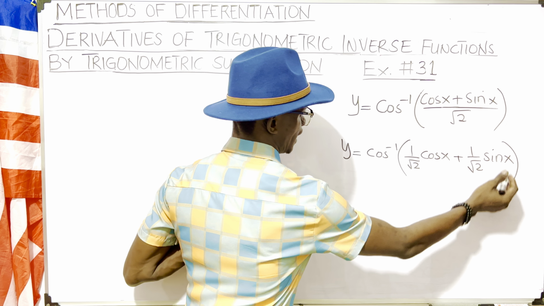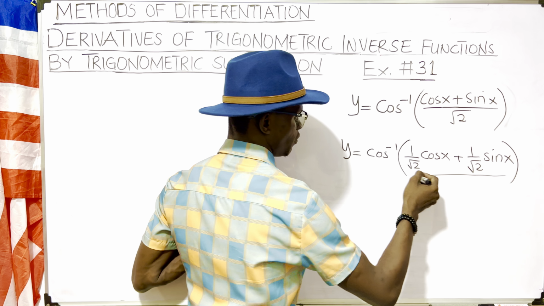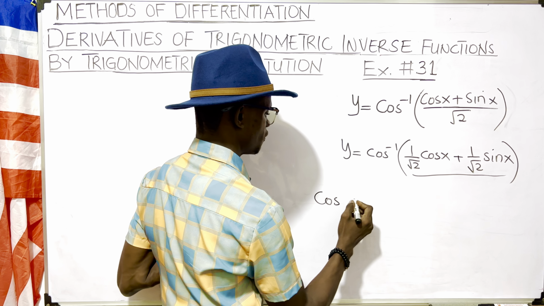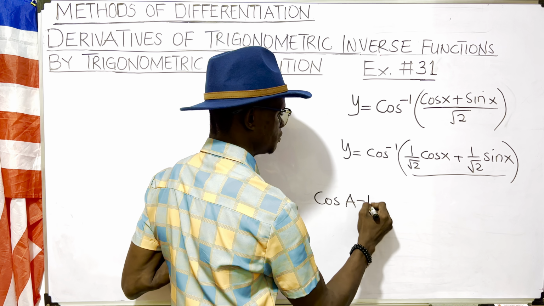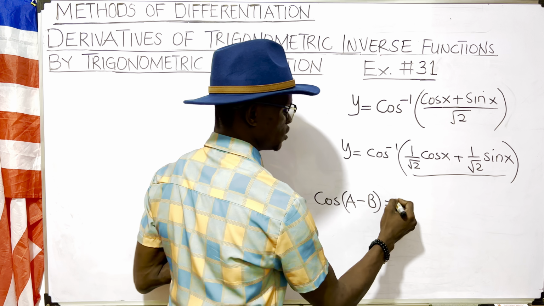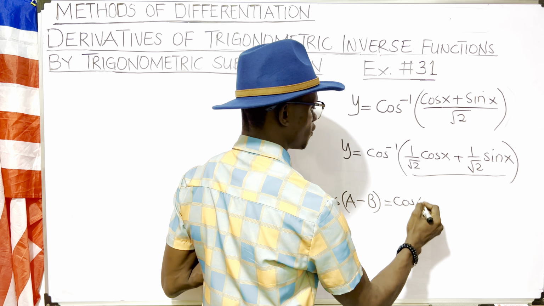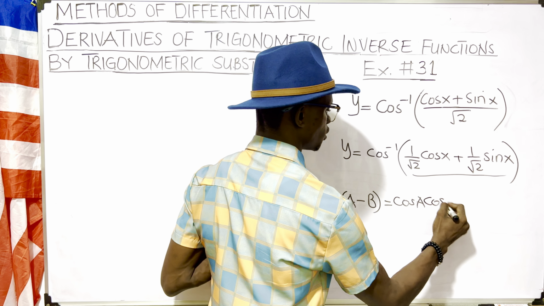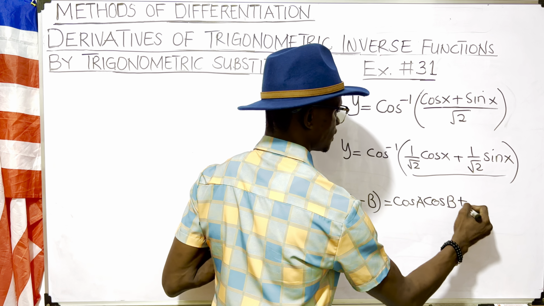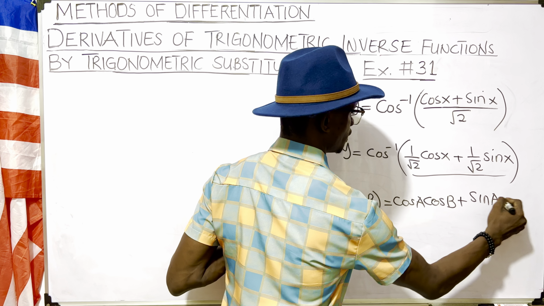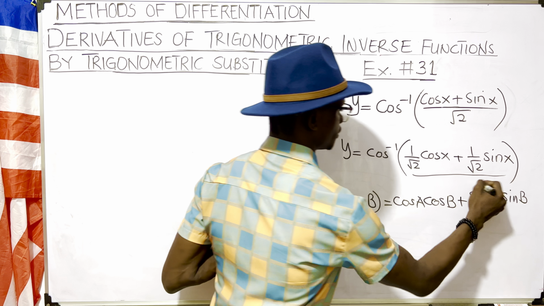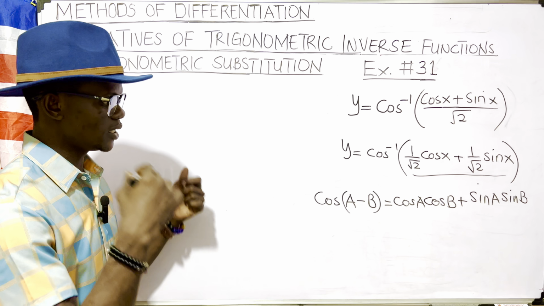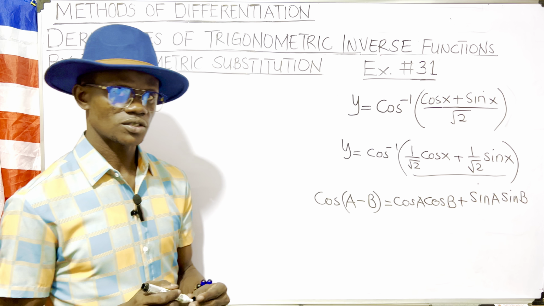So we see that the expression in here resembles cos of a minus b, which is just equal to cos of a cos of b plus sine of a and sine of b. But now the question is, what is cos of a and what is cos of b?